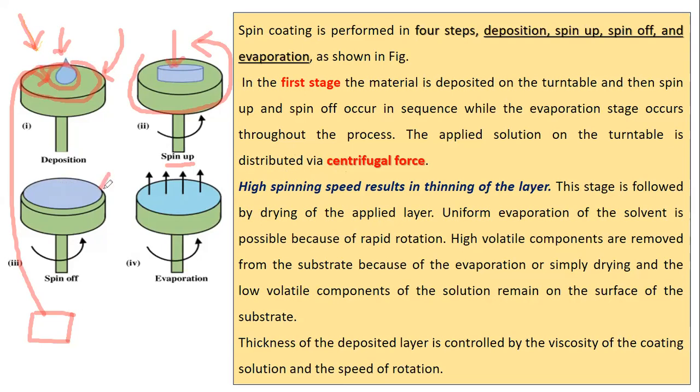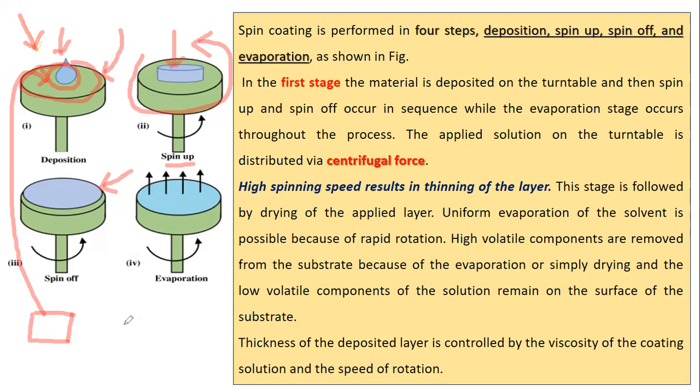Look at here in this third stage. The drop cast is uniformly spread, and we can say that the applied solution on the turntable is distributed due to the centrifugal force. So high spinning speed results in thinning of the layer.